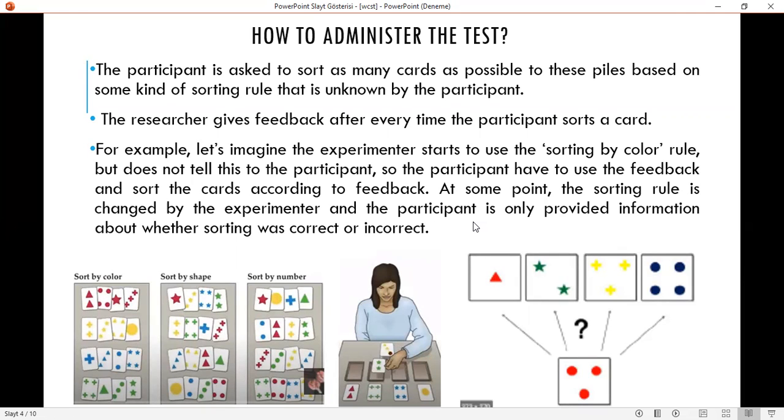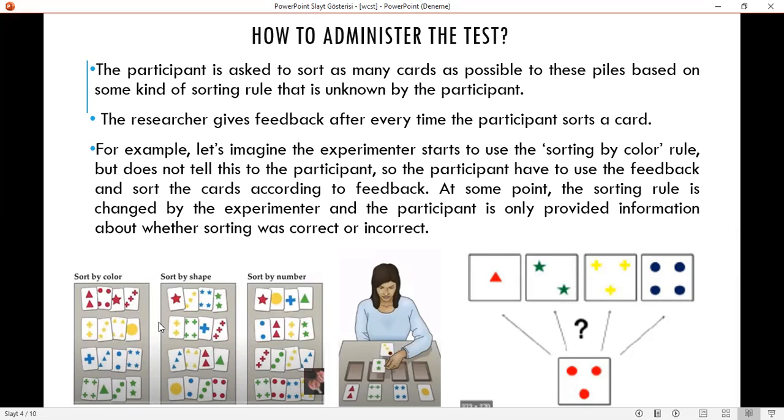When we come to the administration part, as you can see, we have 4 boxes in front of the participant, or 4 piles, we can say, and we give 128 cards to the participant, which have different kinds of shapes and numbers and colors on them.